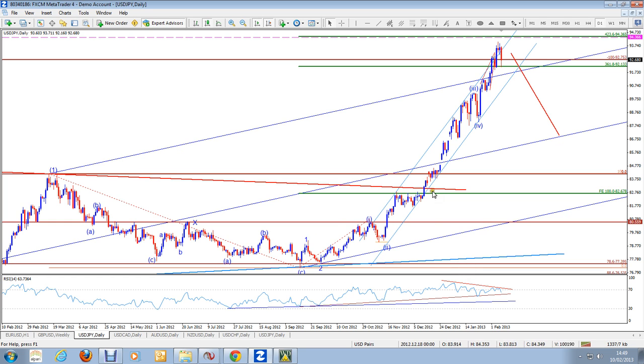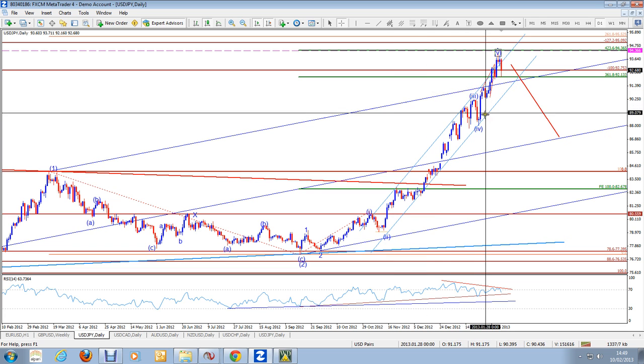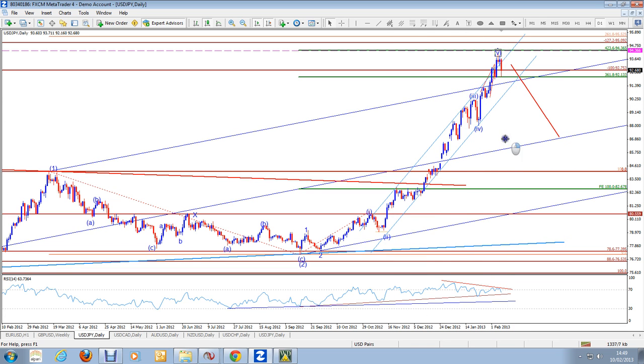And over here you can see that this low we had was on 13th of September. Got wave 1, got wave 2, and then looking at these here I've got 1, 2 in bracket, 3 in bracket, 4 in bracket, and then 5 in bracket.